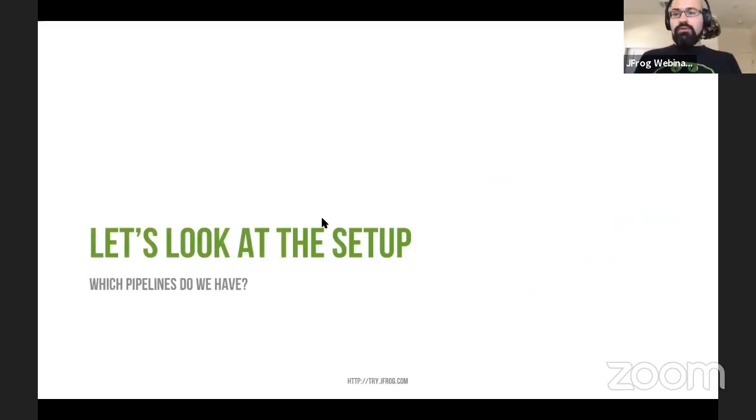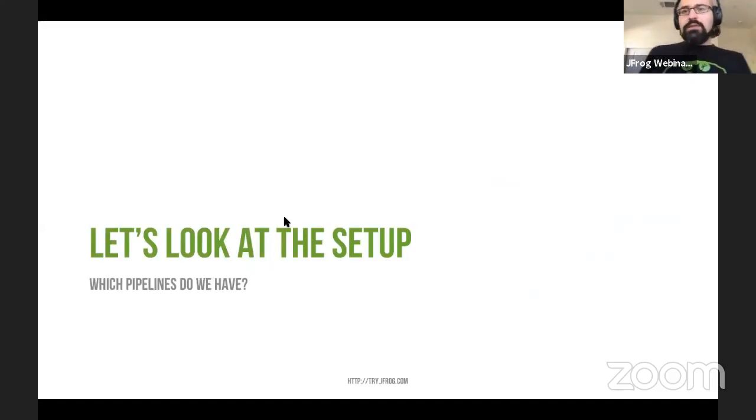It will take a couple of minutes, 3 or 4 minutes, and then you will see this picture when you have a trial in progress and you have the environment. While it is starting, we are talking about what we are going to see today. So if you didn't do it yet, please go to try.jfrog.com and spin up your environment. We're going to get back to it very soon.